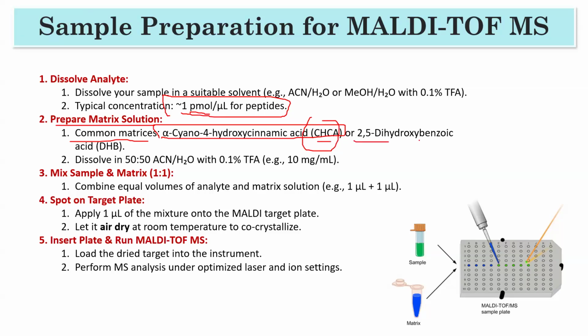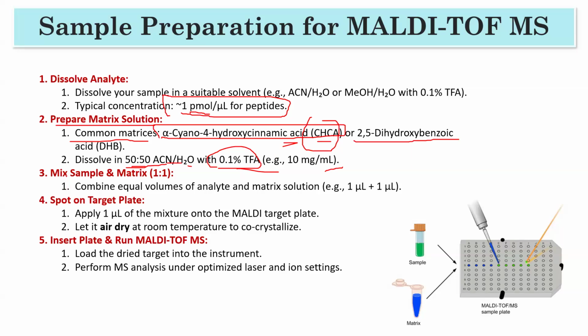Or suppose you have 2,5-dihydroxybenzoic acid. Because they are highly polar, you can dissolve them in an acetonitrile water mixture and use some acid. We use some acid because this is very viscous, and also very acidic, so it will not be easily dissolved. That's why we need this trifluoroacetic acid, right?